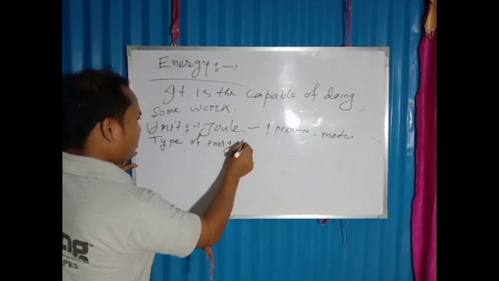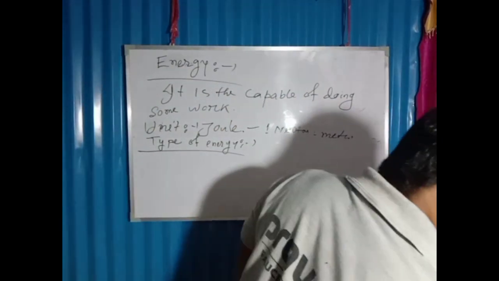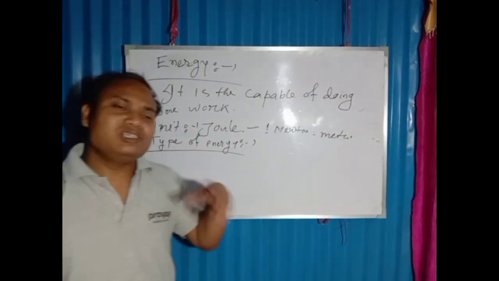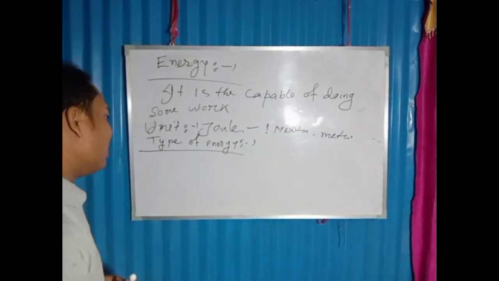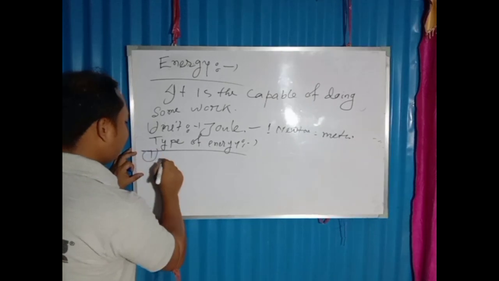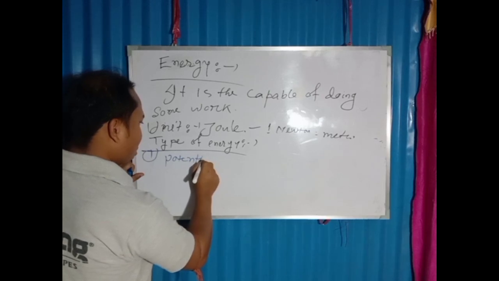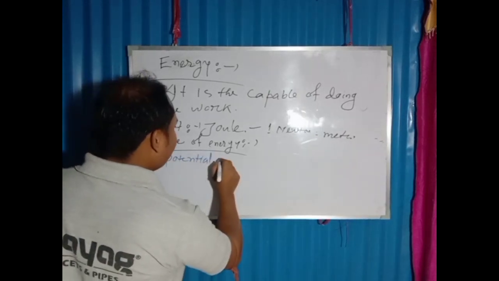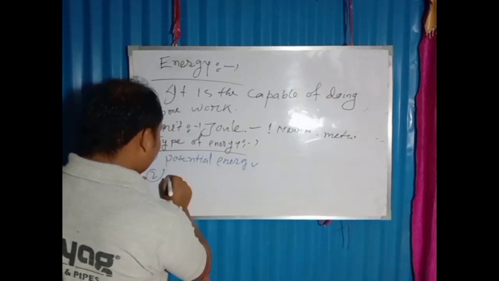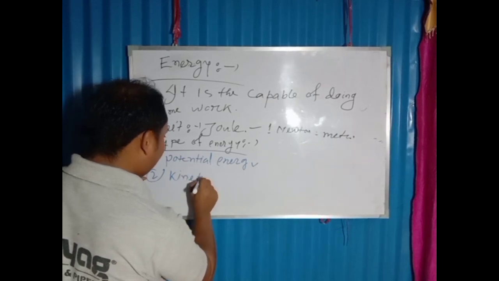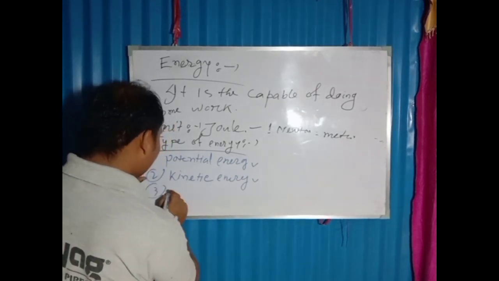Types of energy. In the sense of mechanical energy, there are three types of energy. One is potential energy, two is kinetic energy, and the last one is strain energy.